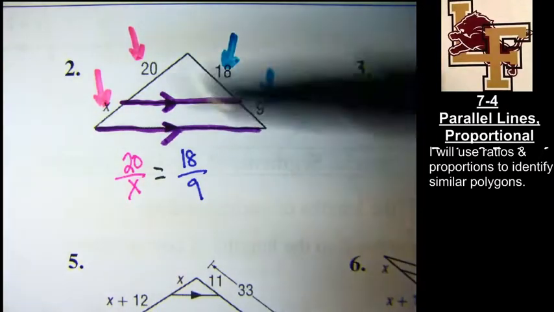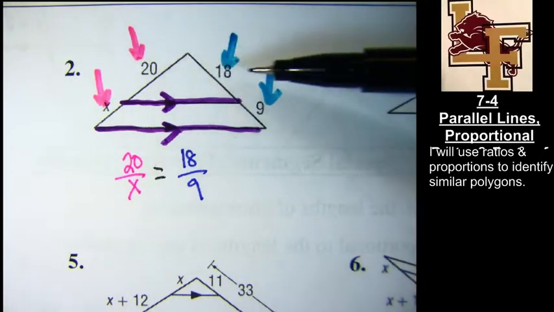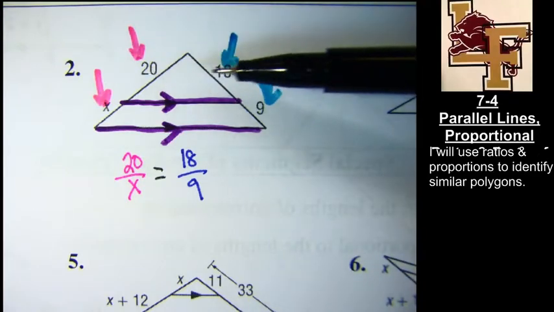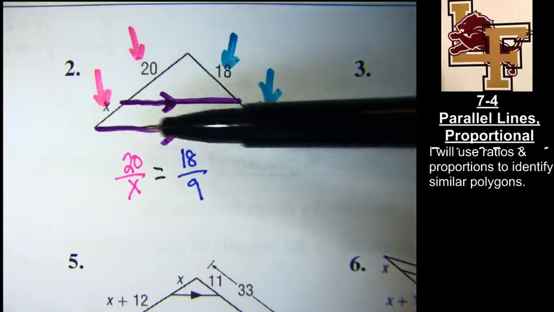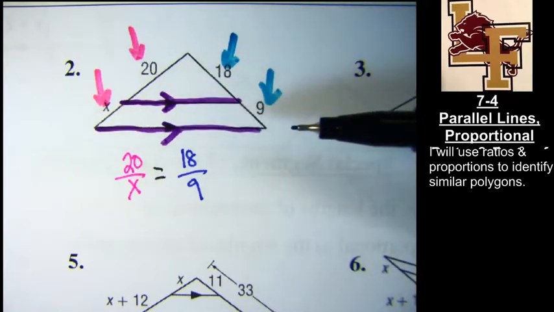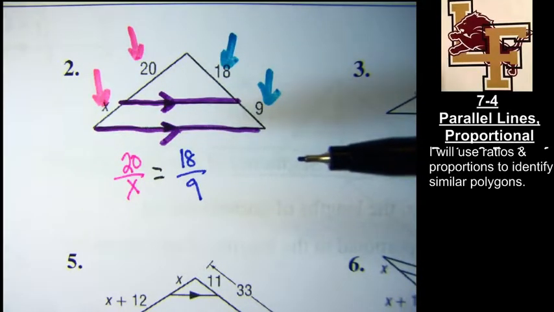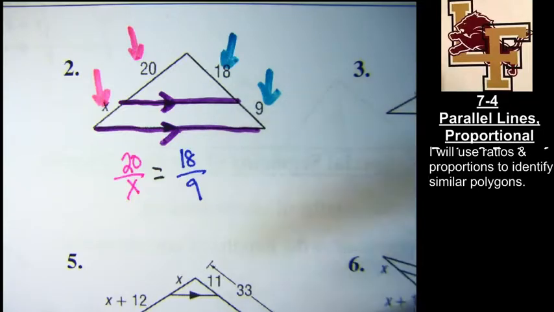Notice how I've put both of these parts in the numerator, and these two parts are both in the denominator. I could have reversed it, but once I've made that choice for one fraction, I have to write it the same way for the other fraction. This now is just cross multiply and solve.